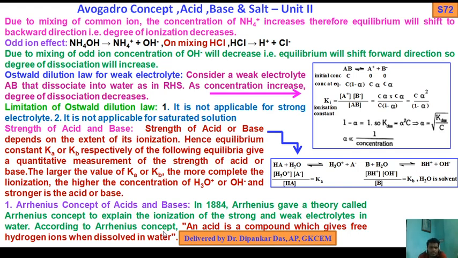According to Arrhenius, an acid is a compound which gives free hydrogen ions when dissolved in water. So an acid gives free H plus ions in water. That is the Arrhenius definition of an acid.